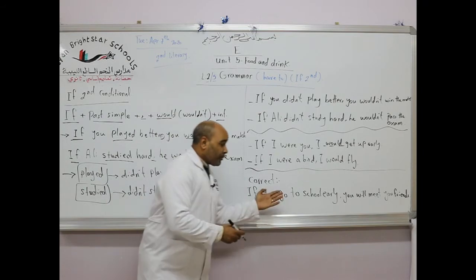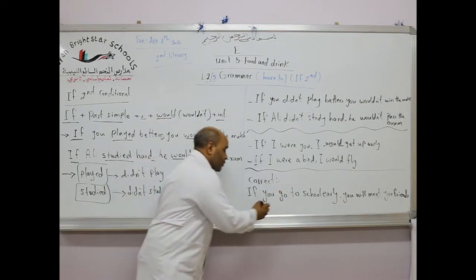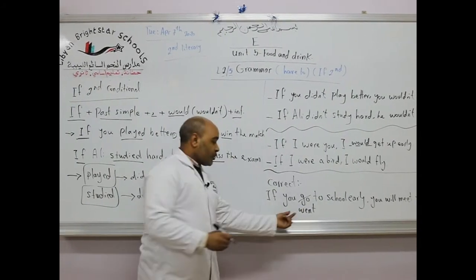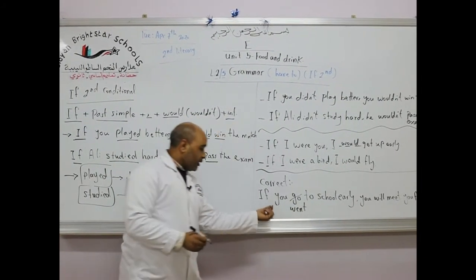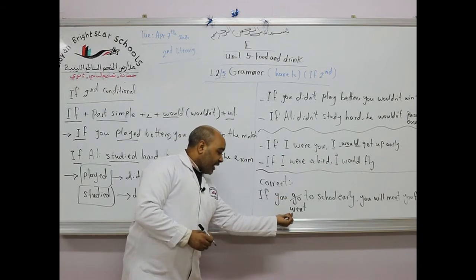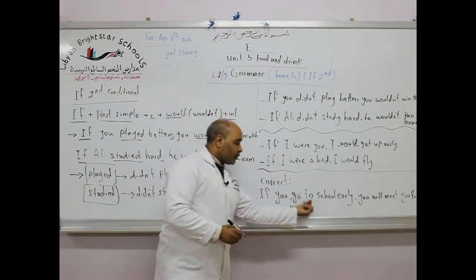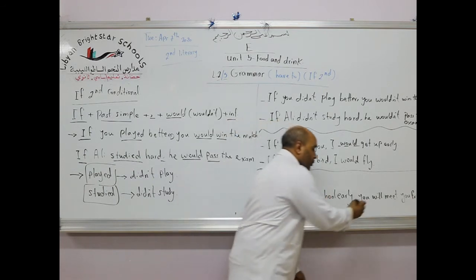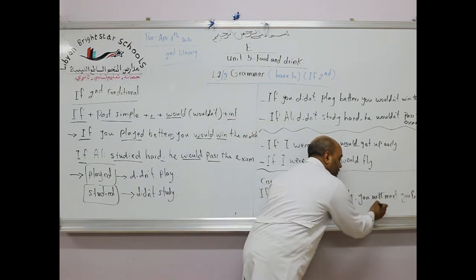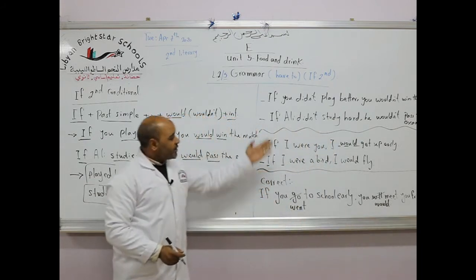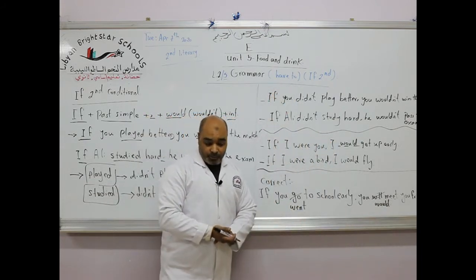How can we use the second one in this sentence? We can say: if you went to school early, you would meet your friends, because we use the past simple with the second one. This is the second conditional, number 2.